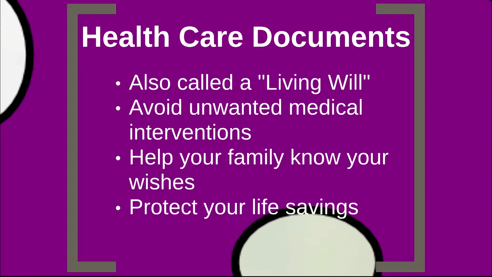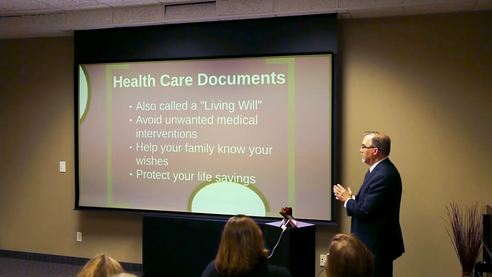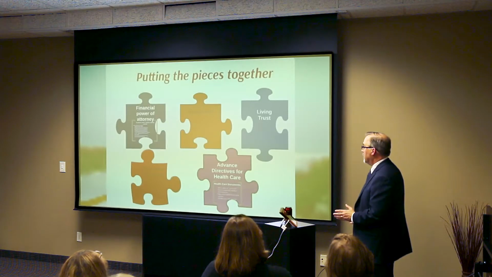And the choices are basically: give me everything medical science has available, or let me die naturally. Okay, and you're given those choices. And you appoint the person who's going to make the medical care decisions for you when you're not able to. And that will protect your assets from unnecessary medical care expenses.